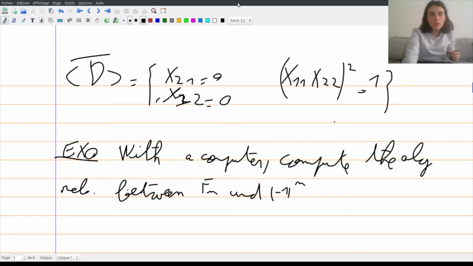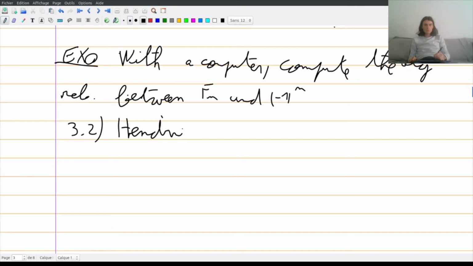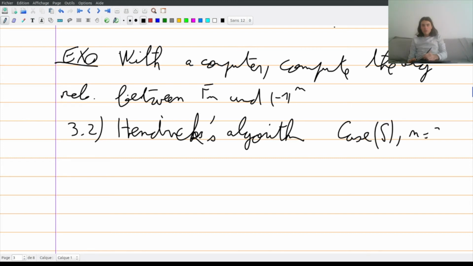Let me continue this algorithmic consideration with the case of Hendrik's algorithm. So let me express this in the case n equals 2. So n equals 2 is the main framework of Hendrik's algorithm.